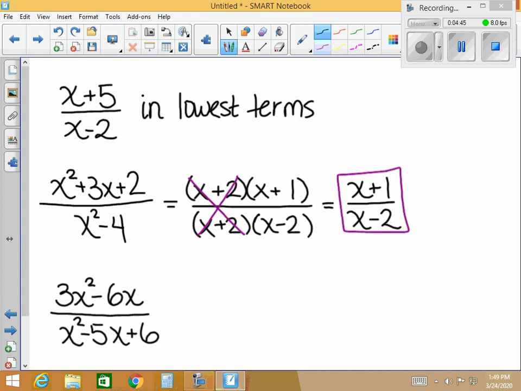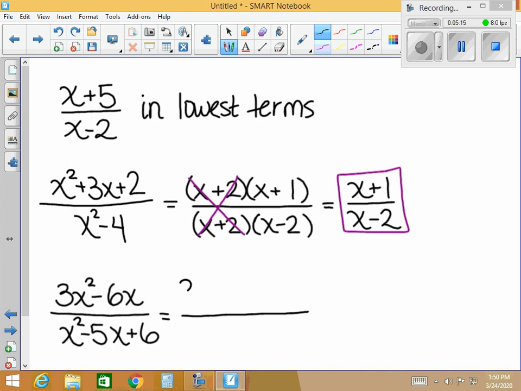On the bottom one, if possible, I need to factor the top. If possible, I need to factor the bottom. And then if there are any factors in common, top and bottom, I'll reduce it to lowest terms. When we're factoring things in this chapter, we can factor anything using any method that we talked about in the sections in the chapter before this. Meaning the first thing we should always look for is what?